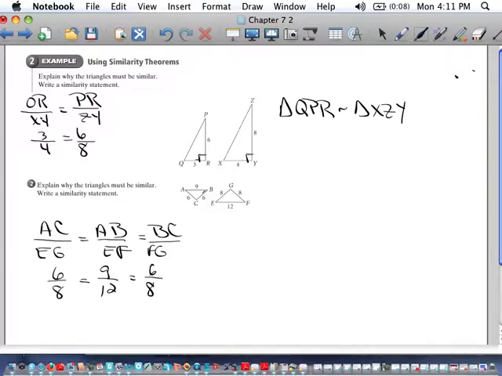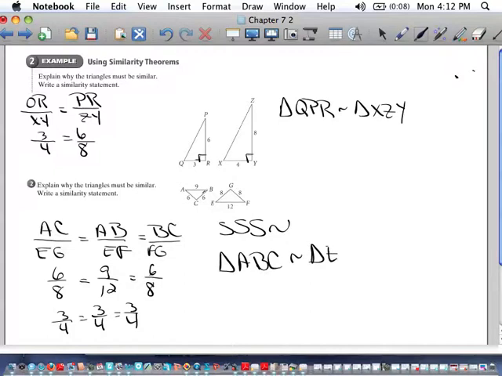When I reduce that, I get 3 to 4, 3 to 4, and 3 to 4. So by side, side, side similarity theorem, I can say that I have two similar triangles. Triangle ABC is similar to triangle EFG.